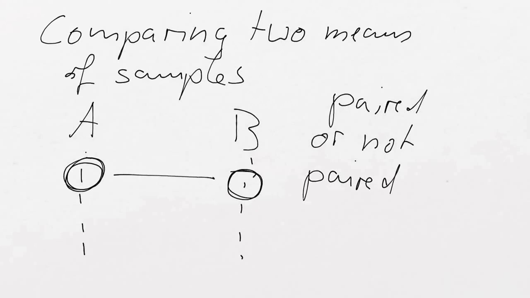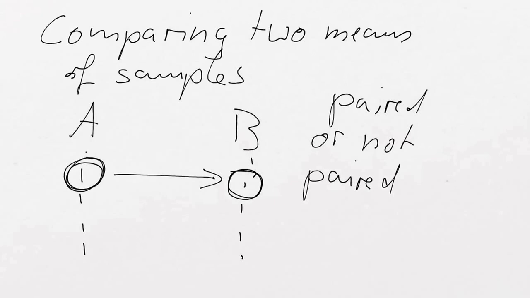So we are looking at the same person or the same thing before something happened and after it happened. So, for example, you can compare the length of my hair before I went to the hairdresser and after. So it's paired. It's still me.